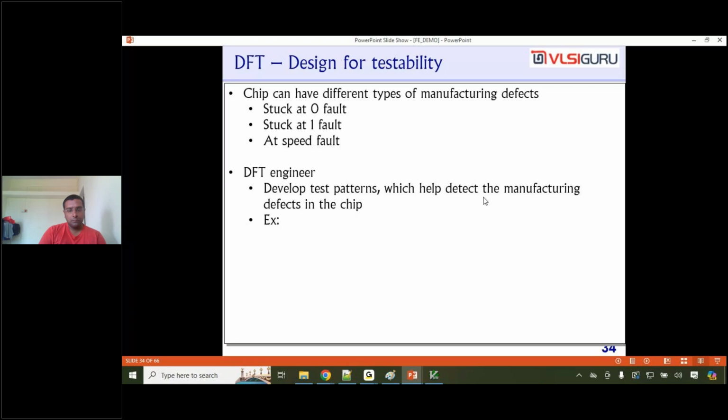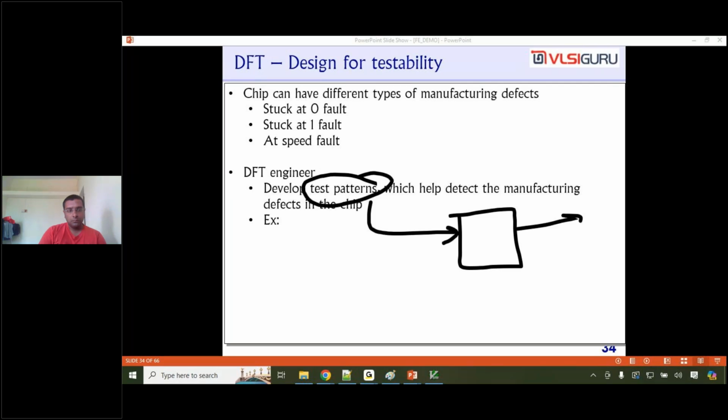So how does it work? The chip is there. These test patterns will be applied. Based on the output that comes, we check whether it is good or whether it has some defects. The person who develops these test patterns is called a DFT engineer.